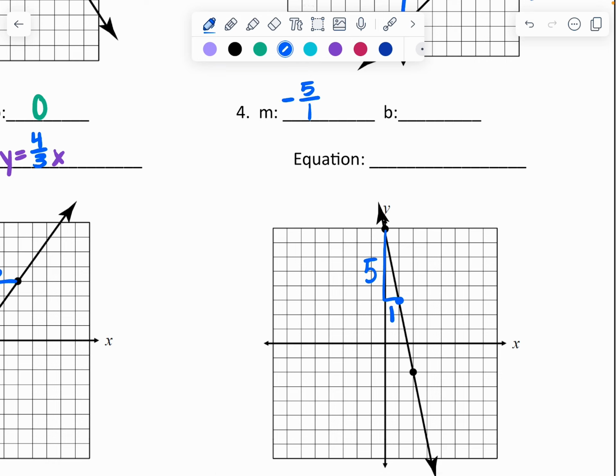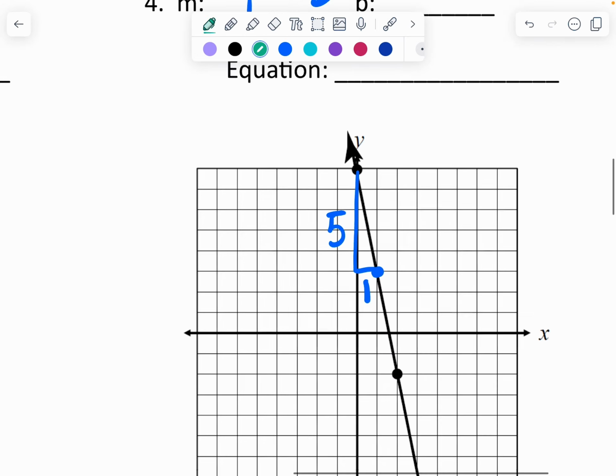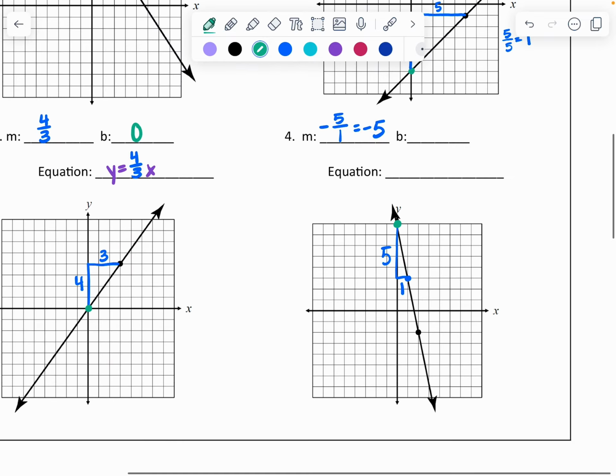Anytime I have a number over 1, I'm just going to use the whole number as m. And this crosses the y-axis here. So 1, 2, 3, 4, 5, 6, 7, 8, positive 8. So my equation is y equals negative 5x plus 8.